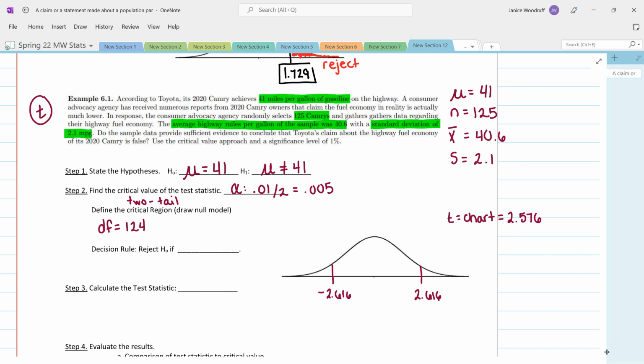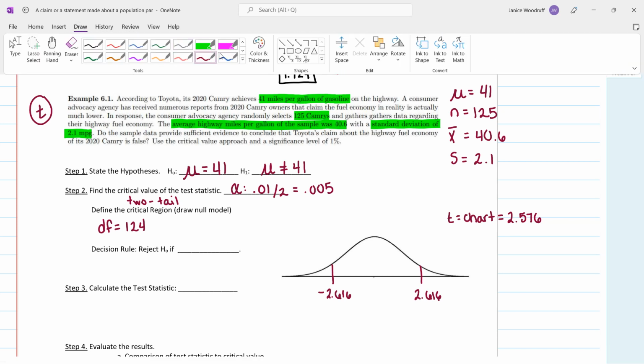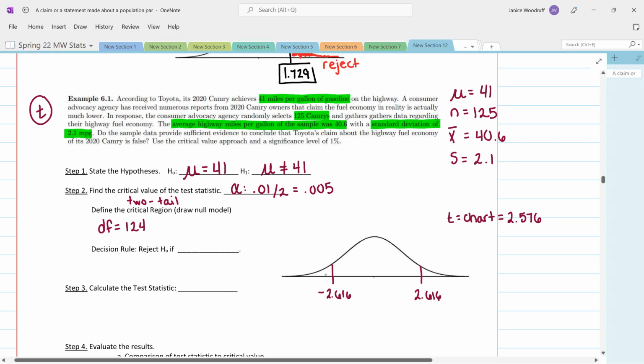All right, so we are drawing this out. We have our critical value. So the critical value is negative and positive 2.616. Let's draw the rejection region. So we will reject at less than negative 2.616 and greater than 2.616.